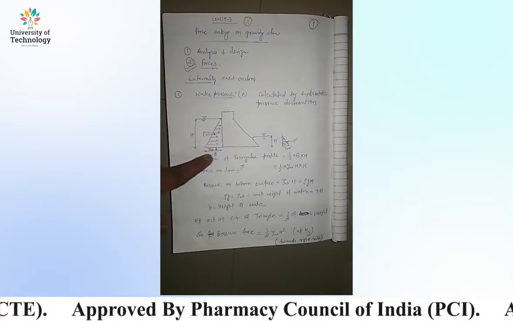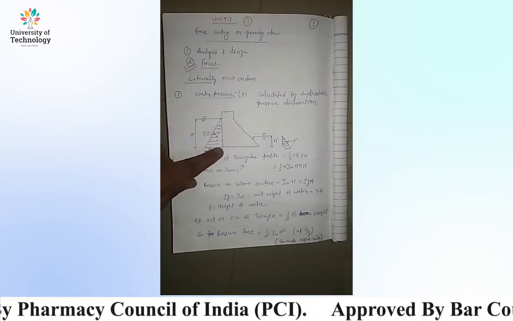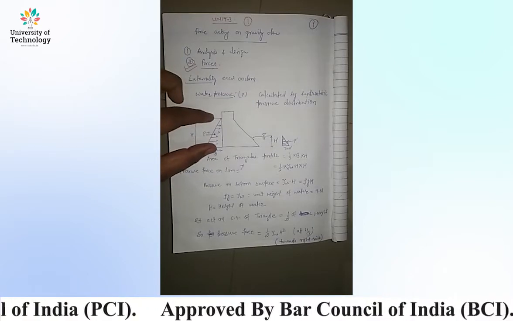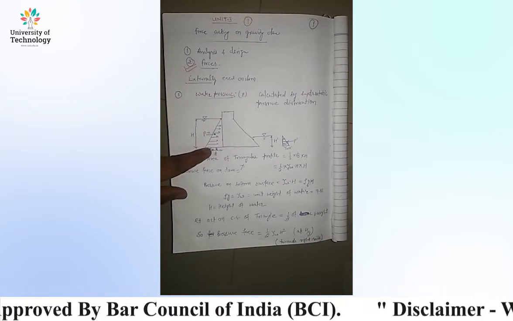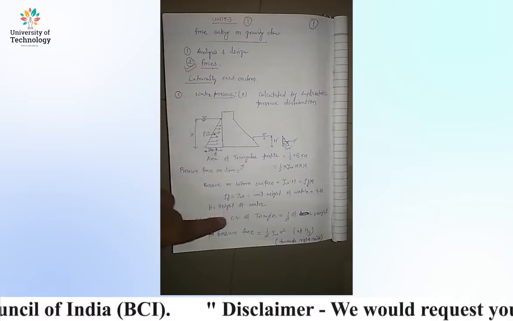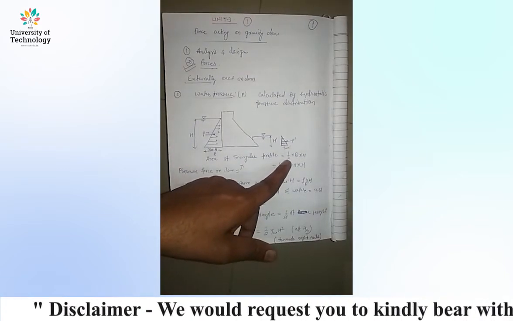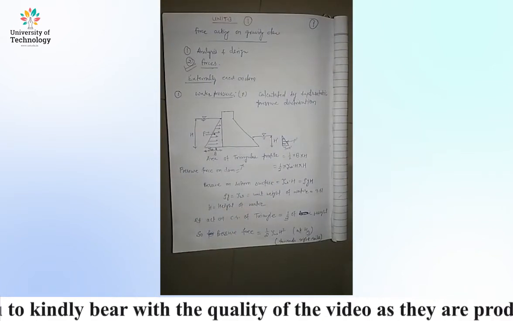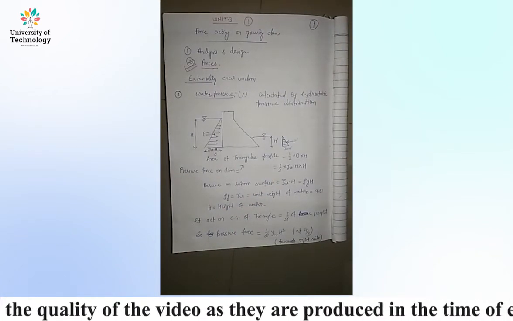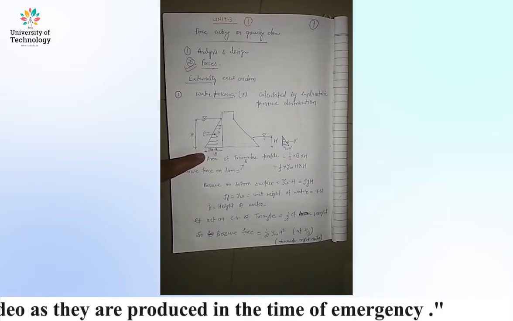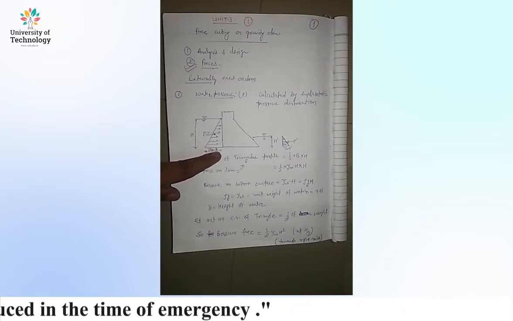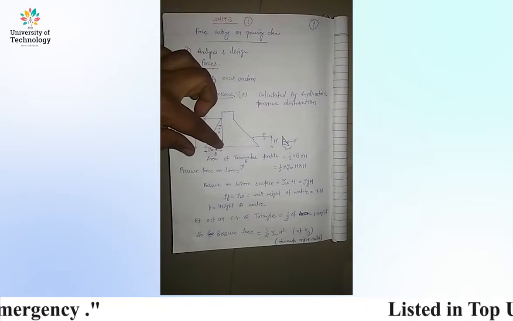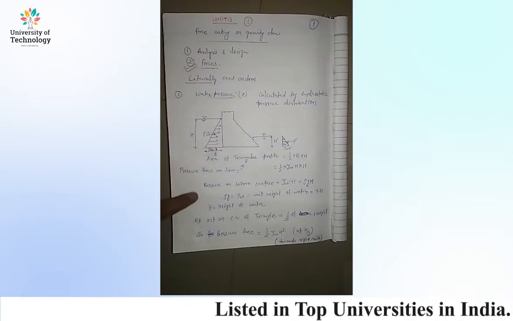If B is the base of the triangle and capital H is the height, as head, then the area is half into B into H, and this B is written as gamma W into H. This is the width of the triangle.